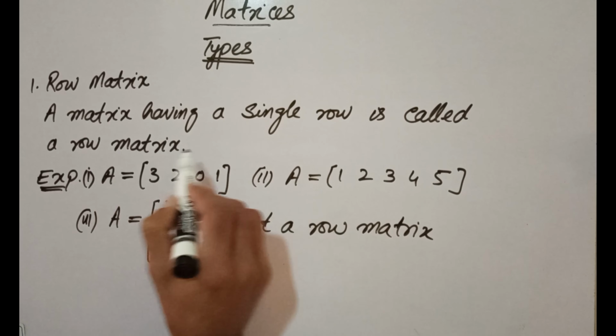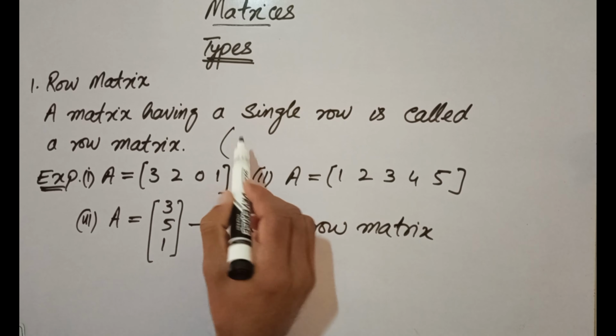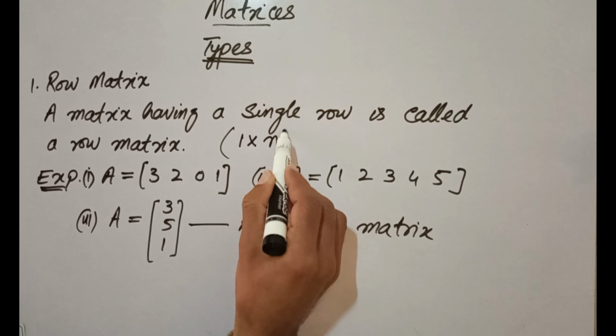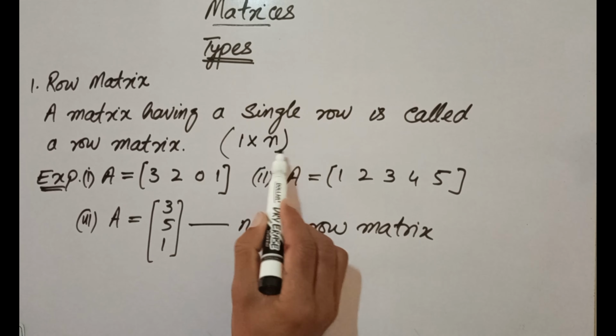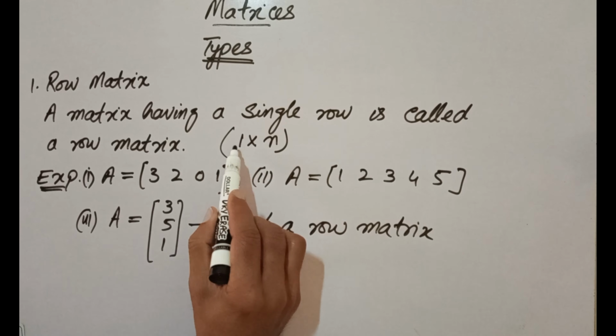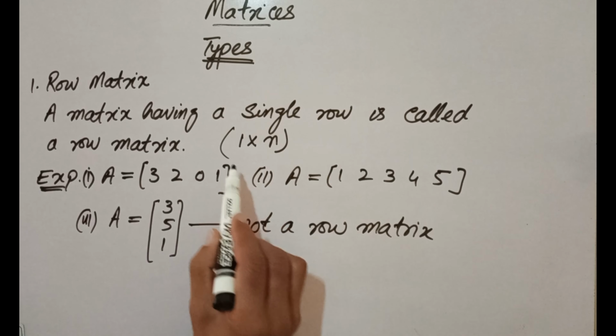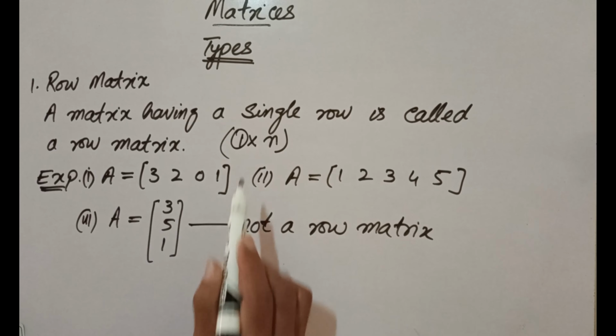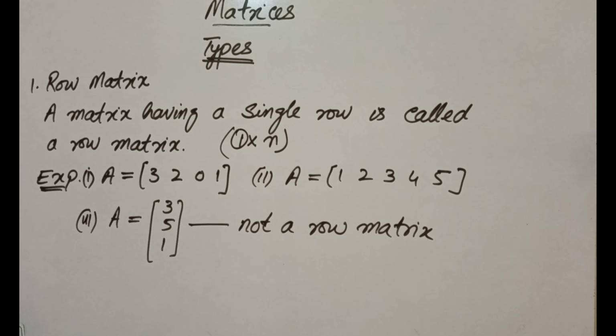For a row matrix, the order must be 1 by n. N represents the number of columns, and the first entry shows the number of rows. So in the row matrix, we must have a single row, and the number of columns is not fixed.